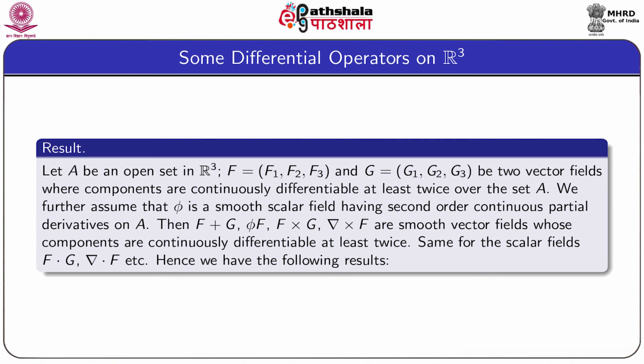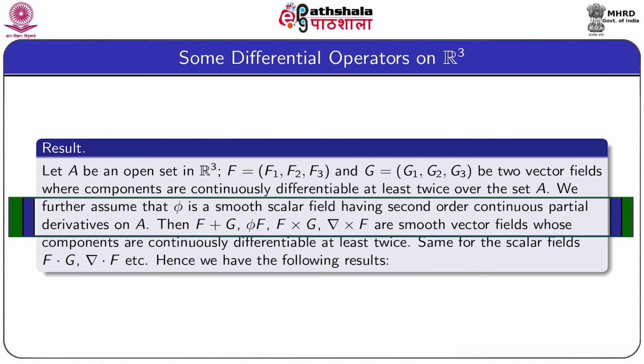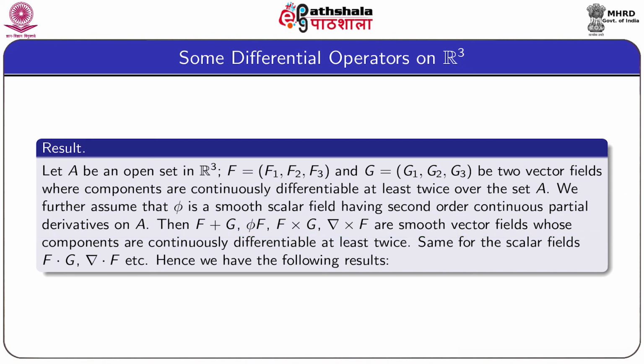We assume that these components are continuously differentiable at least twice over the set A. We further assume that phi is a smooth scalar field having second order continuous partial derivatives on the set A. Then f plus g, phi f, f cross g and nabla cross f are smooth vector fields whose components are continuously differentiable at least twice. The case is same for the scalar fields f dot g, nabla dot f, etc. Hence, we have the following result.